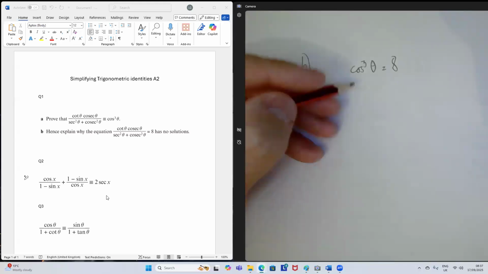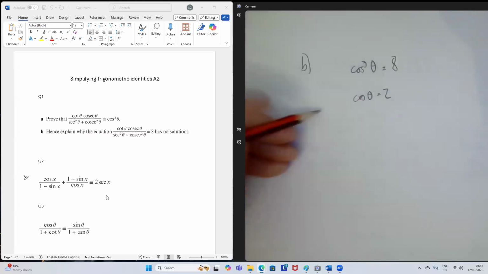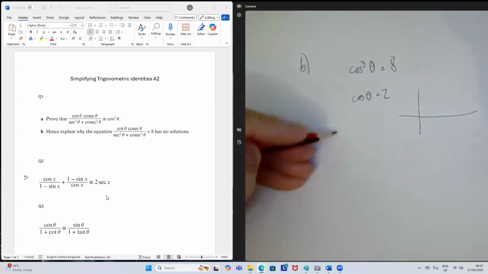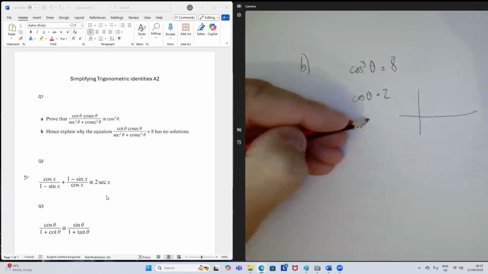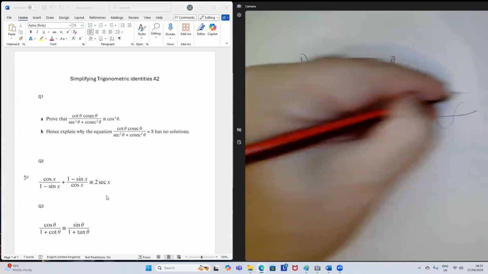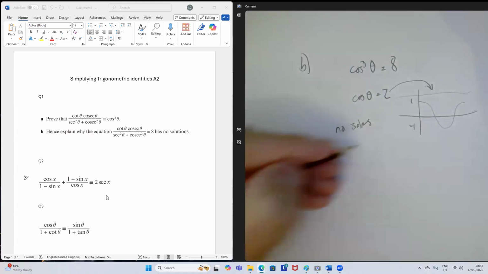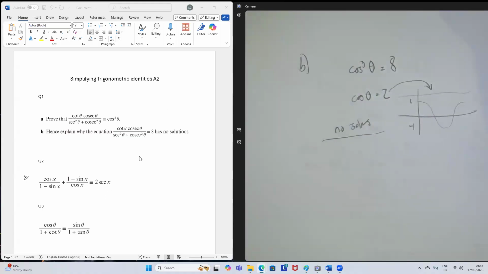Now, if we cube root both sides of this, we get that cos theta is equal to 2. And hence, there are no solutions, because we know that cosine only goes between 1 and -1. So cos theta equals 2 has no solutions. And that's part B done.